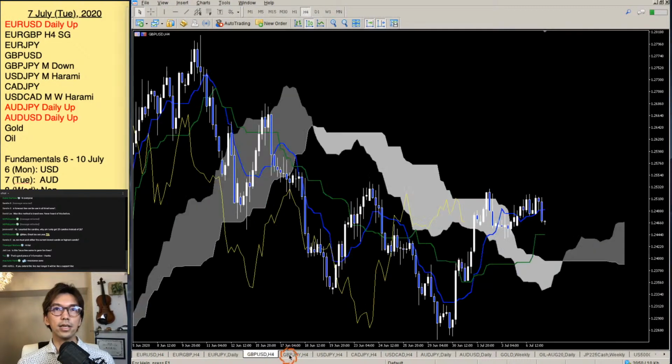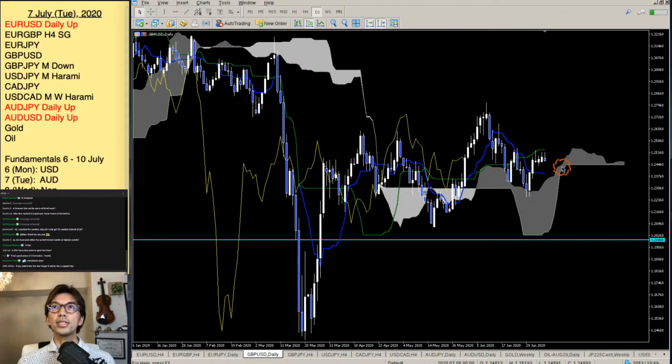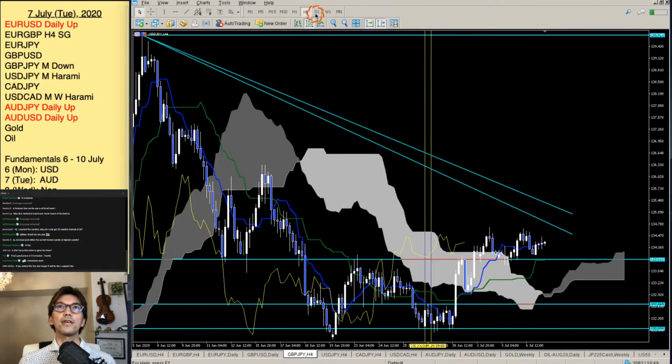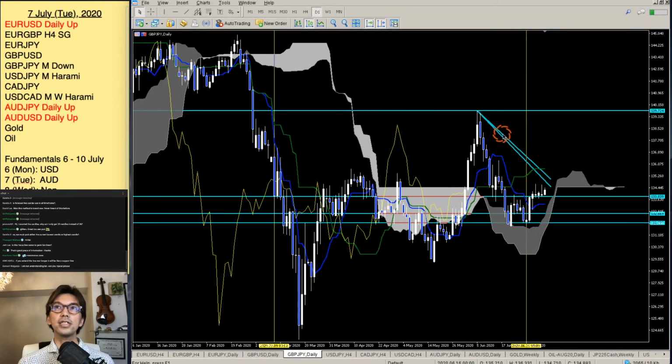So yeah, let's see on which market we can see the forecast lines. Oh yeah, this is another forecast line that I created on this GBPJPY earlier.